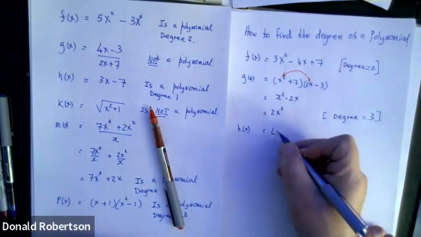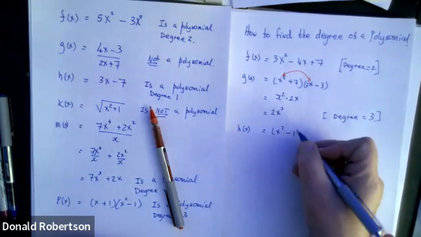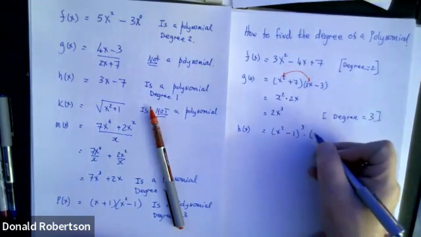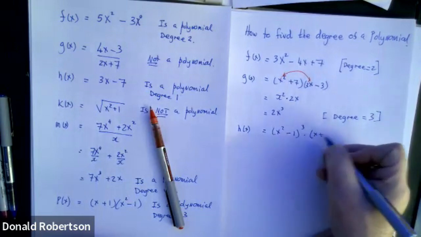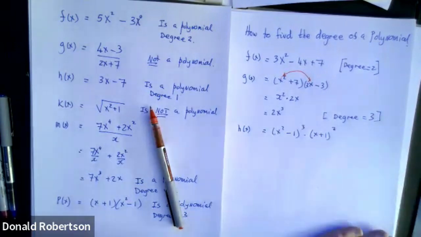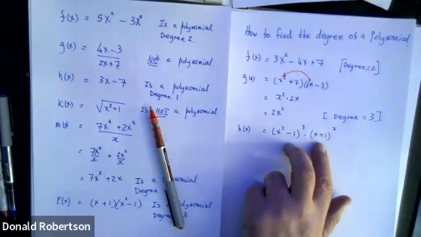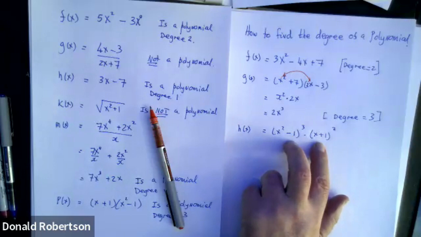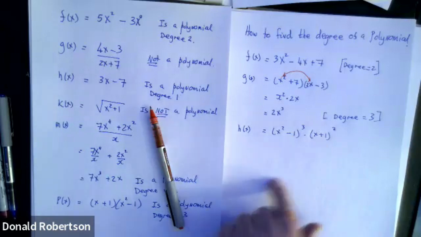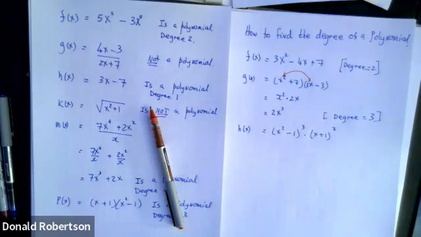Now, suppose you had (x squared minus 1) cubed times (x plus 1) squared. And again, you wanted to find the degree of this polynomial without having to fight your way through a whole lot of horrible algebra just to write out the polynomial in its standard form.